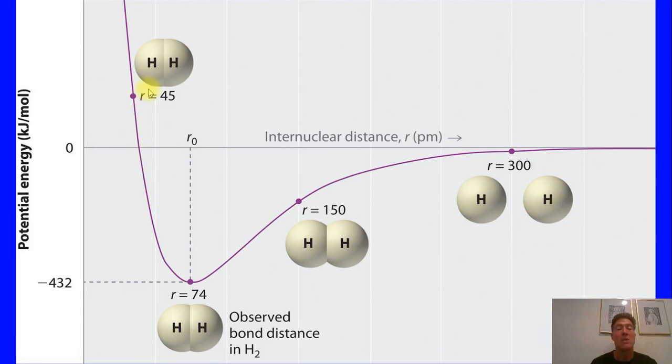Why? Because you're pushing these positively charged nuclei together, and the repulsive forces are going to begin to overwhelm the attractive forces. So here, attractive forces predominate until you get to the Goldilocks sweet spot, and then the repulsive forces take over if you try to push those atoms too close together.